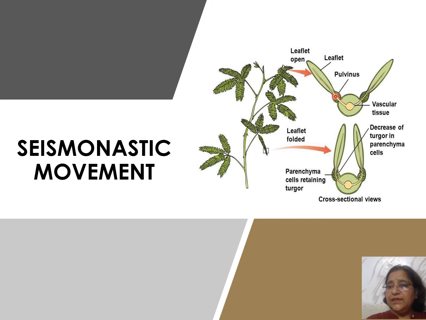This hormone or stimulus changes the turgidity here and causes the excretion of certain substances like potassium from the cell into the intercellular spaces.